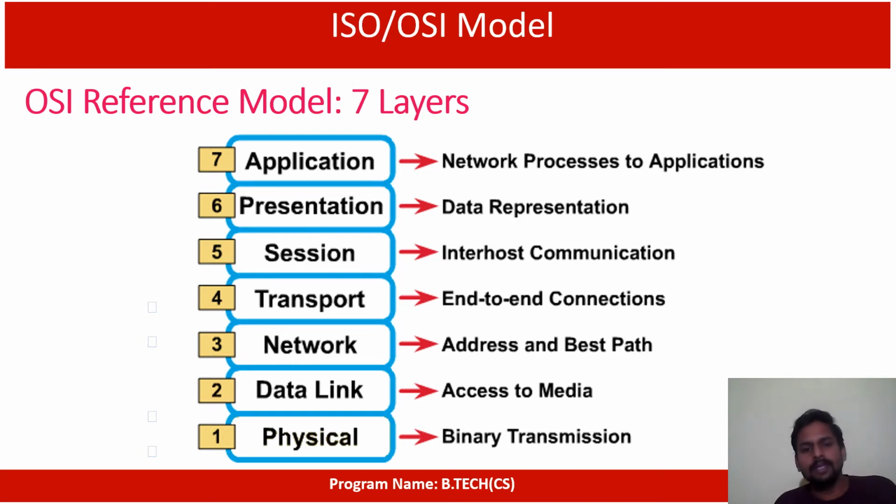And what are the layers? From the bottom, it is the physical layer, data link layer, network layer, transport layer, session layer, presentation layer, and the final one is the application layer.